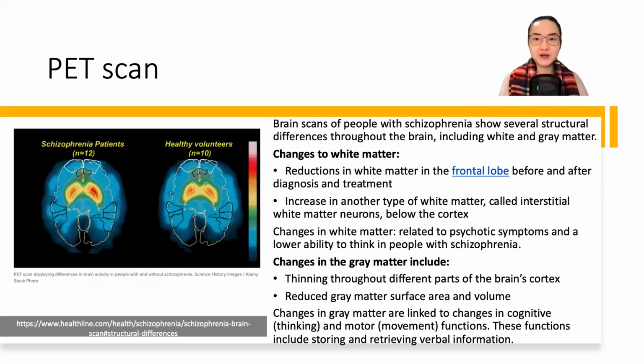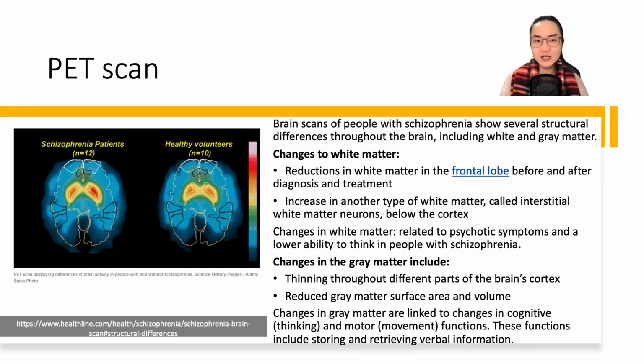Reductions in white matter in the frontal lobe before and after diagnosis and treatment. Increase in another type of white matter called interstitial white matter neurons below the cortex. Changes in white matter related to psychotic symptoms and a lower ability to think in people with schizophrenia.